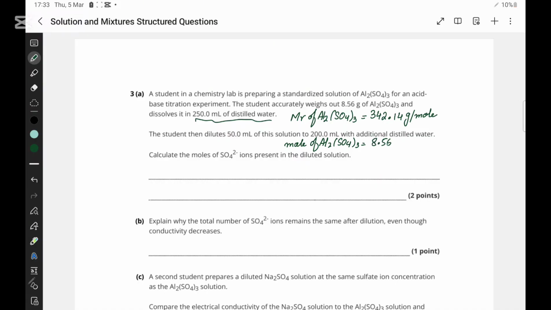Mass is 8.56 and molar mass is 342.14, and that comes out to be 0.02502 moles.